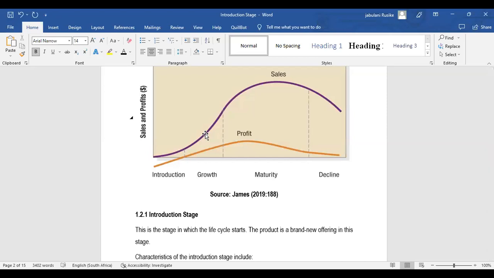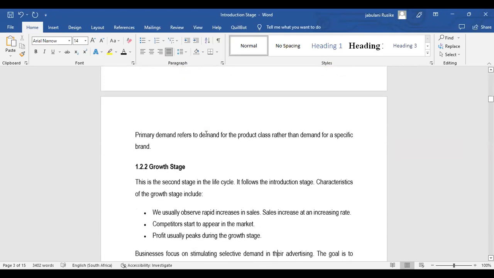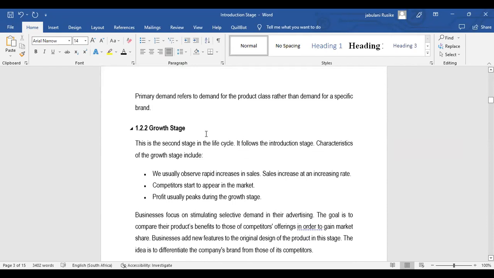They've now bought the product, they've used it, they can see if it works or not. So basically this is a stage where a company is trying to capture a market share, or get as many customers as possible, because most of the work would have been done in the introductory stage where you would have advertised the product to the consumers.